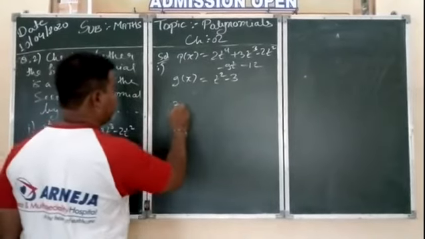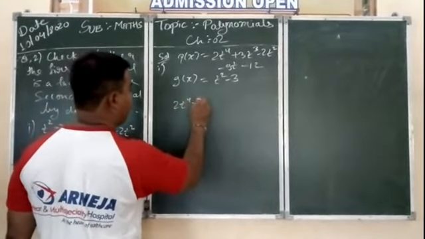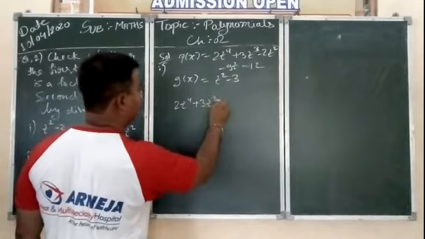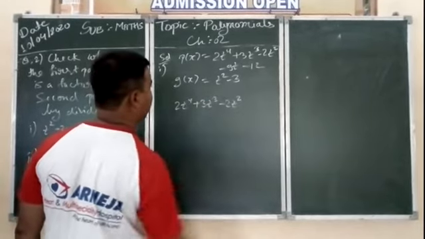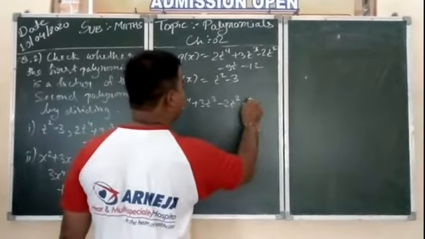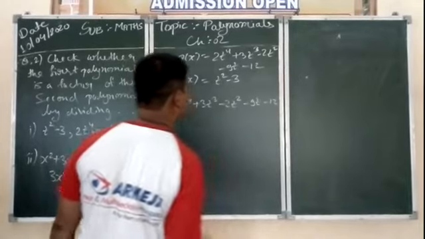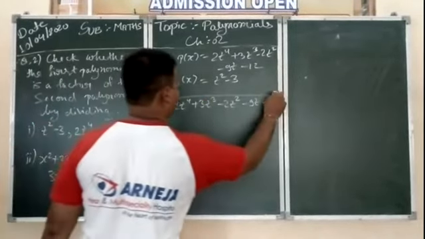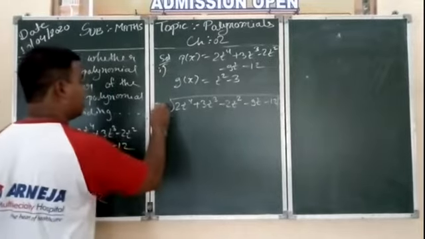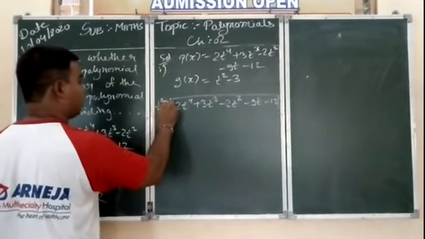So 2t raised to power 4 plus 3t cube minus 2t square minus 9t minus 12 is divided by t square minus 3.